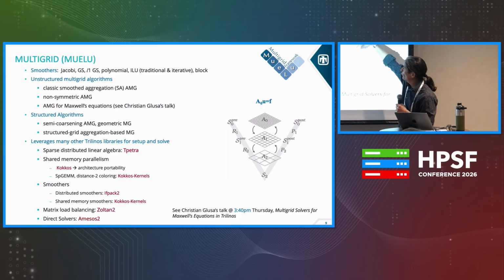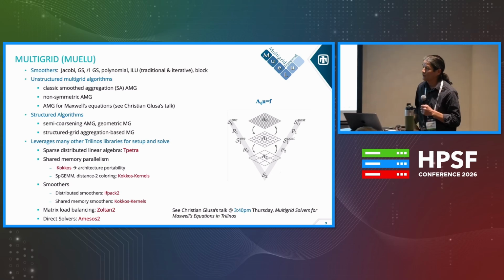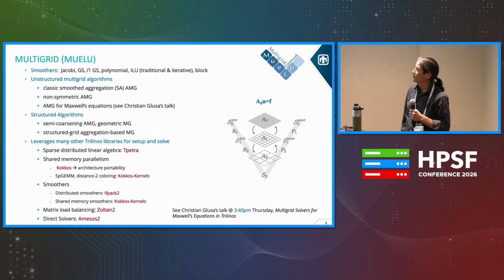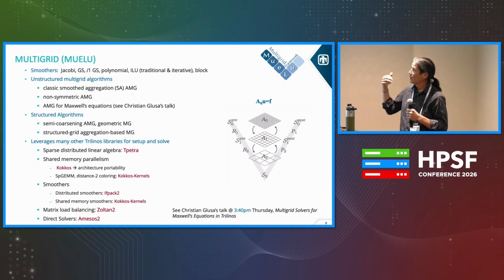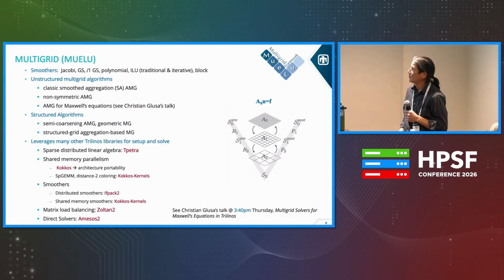Developing these grid transfers, these transfers between the different levels, that's a research topic unto itself. There are unstructured algorithms for doing this. The main one inside of MueLu is something called classic smoothed aggregation, which is a little bit different than what Hypre provides. It's a different branch, if you will.